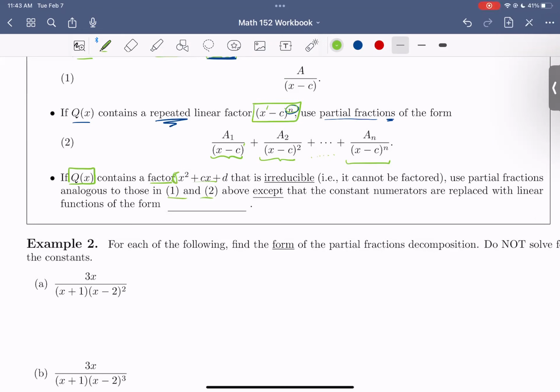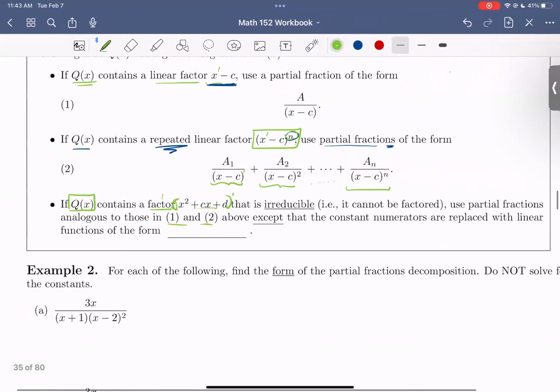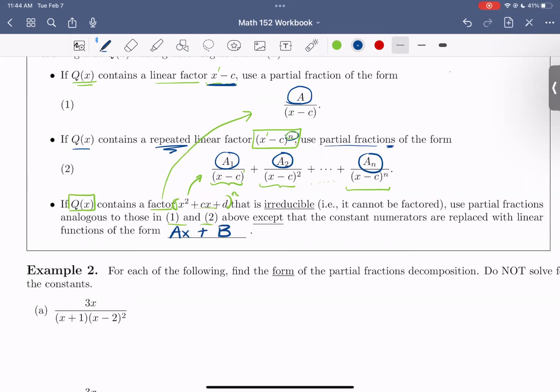If this factor is raised to the first power, we use 1 fraction. If it's raised to a power of n, we need to use n fractions. But now the numerator changes slightly. Rather than just a constant numerator, our numerator will have the form ax plus b. So the fraction will look like ax plus b over x squared plus cx plus d. And this will repeat if we have a repeated second degree polynomial.